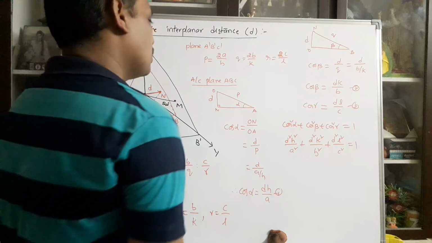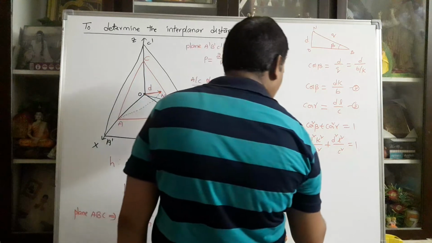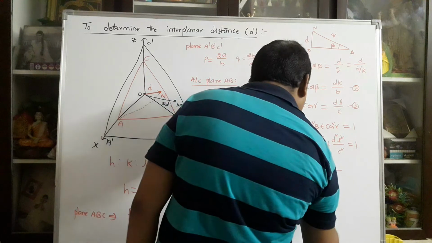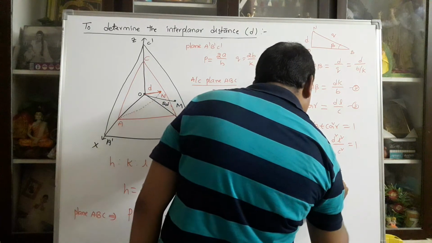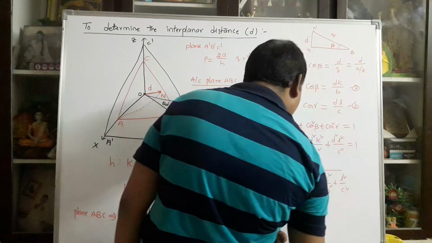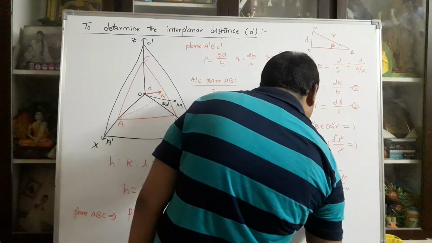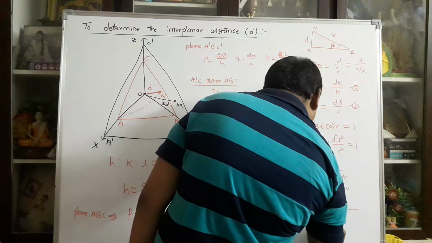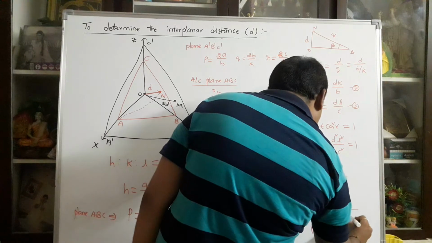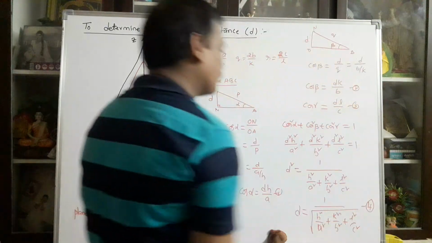In each term you can take d square common, so d square is equal to 1 divided by h square by a square plus k square by b square plus l square by c square. Then distance d is equal to 1 by square root of h square by a square plus k square by b square plus l square by c square. This is your equation number 4.